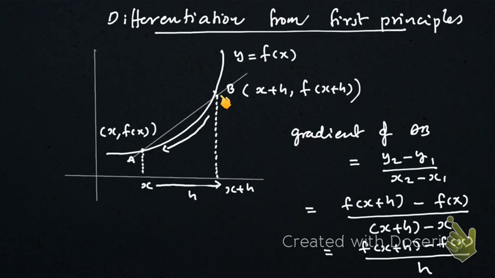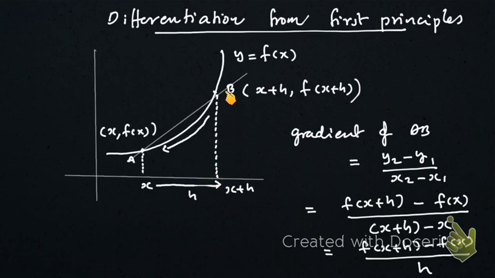So what I'm going to do for that is I'll move this point B along the curve closer and closer to A. Push this down. Get this point B closer and closer to A. How can I do that? I said consider a point B in such a way that it is h units to the right side of A, h units bigger than x.